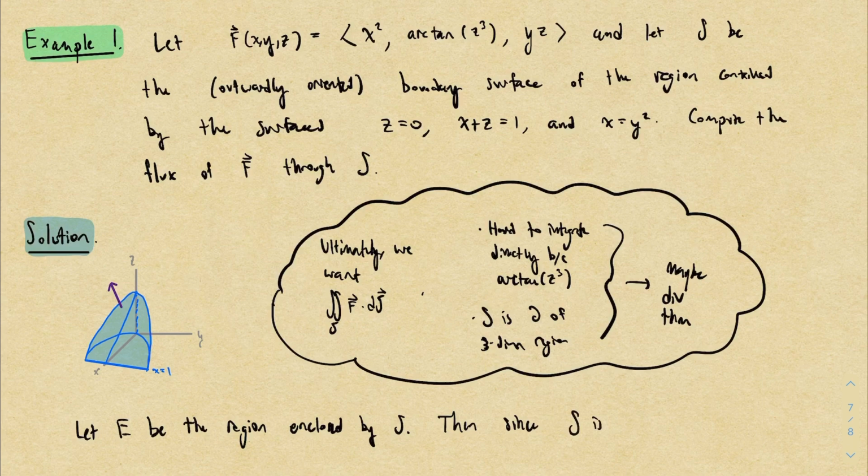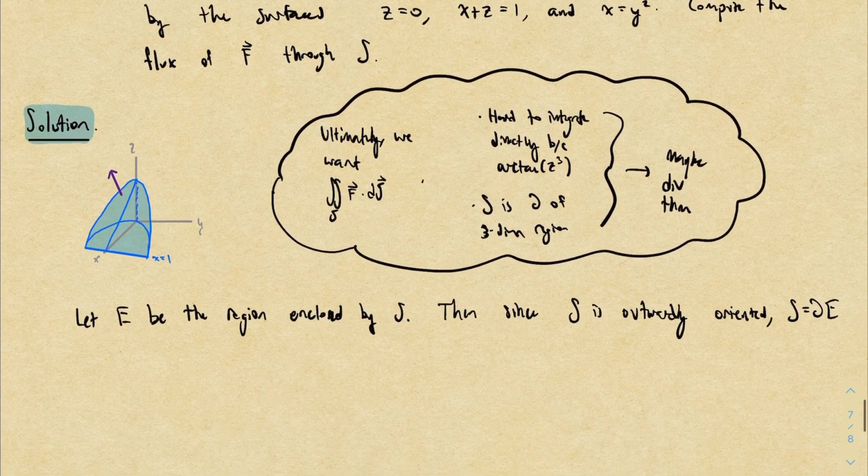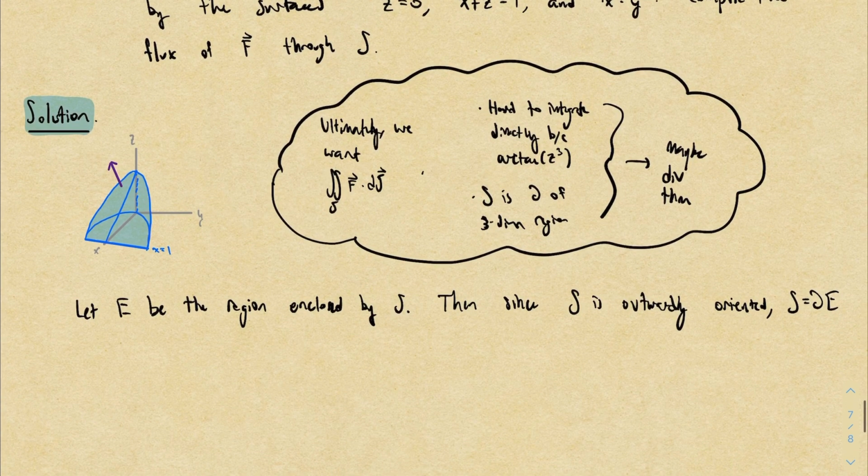Since S is outwardly oriented, this means exactly that S is the oriented boundary of E. Remember that when I stated the divergence theorem, I said that when we talk about a 3-dimensional region and its boundary, we take the orientation to be outward. And that's exactly what we have here. So this statement pretty much just means that we can apply the divergence theorem directly.